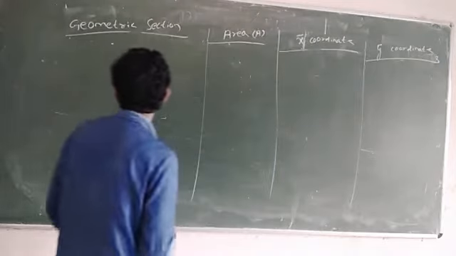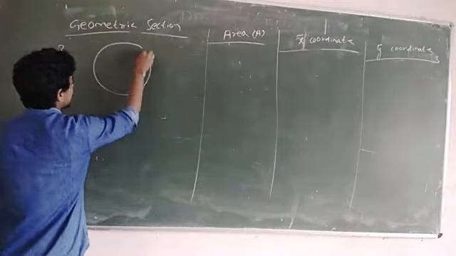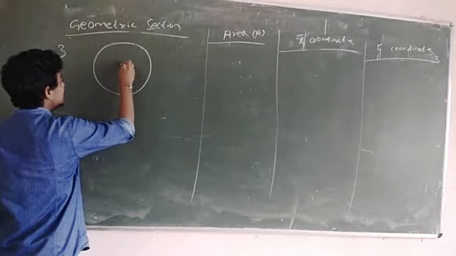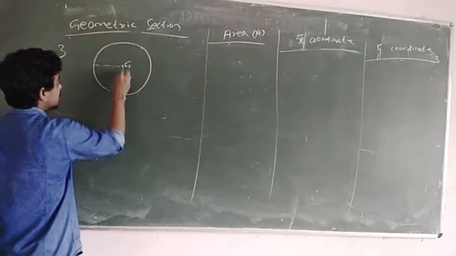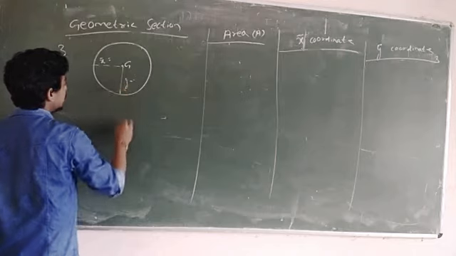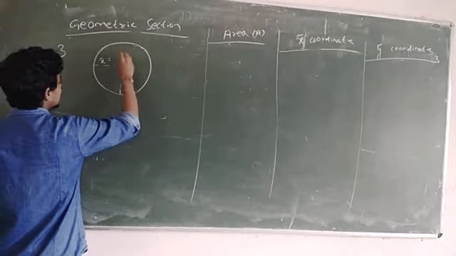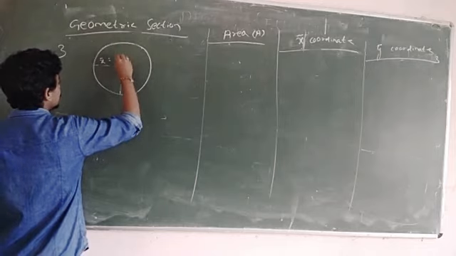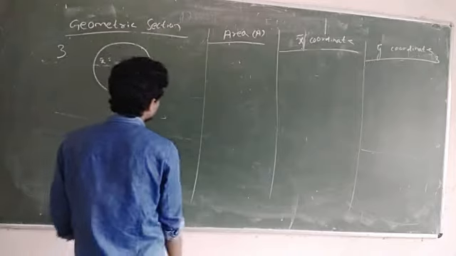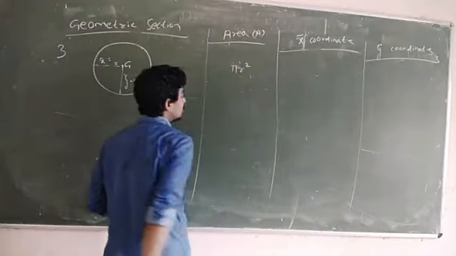For the next section, suppose I am taking one circle. Suppose the G point is here. You have to calculate this x bar distance and this y bar distance. Suppose the radius of this circle is small r. The area, as you already know, is pi r square or pi d square by 4.